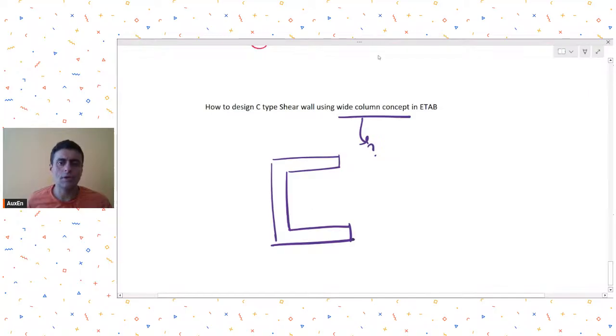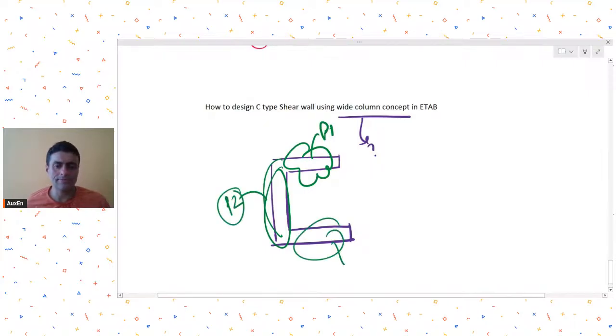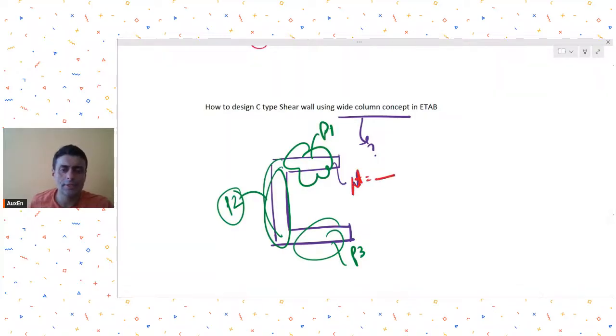Just model your shear wall in plan like this, and give separate pier labels to it. So to all these three legs, you give separate pier labels and then run your analysis. When you give separate pier labels, then you will get three different percentages of the wall. Okay, so you will get different percentages.